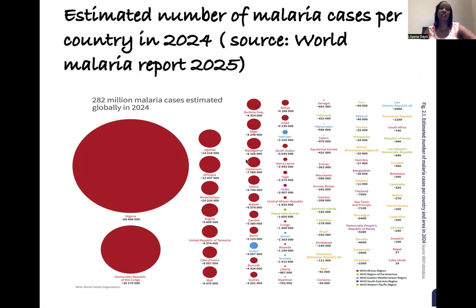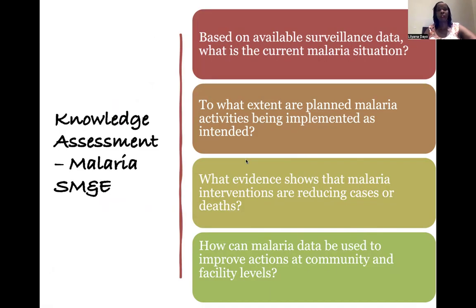The country with the highest malaria burden was Nigeria, and Nepal, Eswatini were among the countries with the lowest malaria burden.